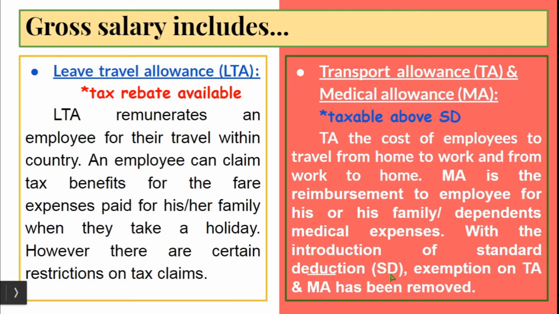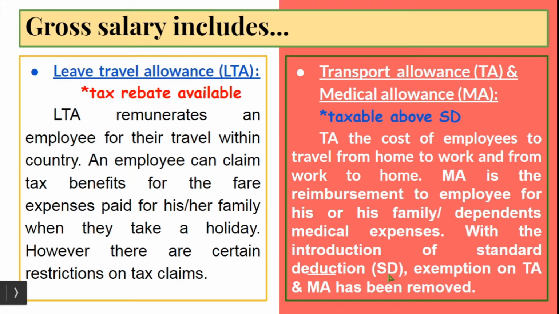So basically what the government did is they combined the two categories and put a slab of 40,000 rupees, and they said whether you are getting less than 40,000 rupees or more than 40,000 rupees, only a 40,000 tax rebate will be given to you.